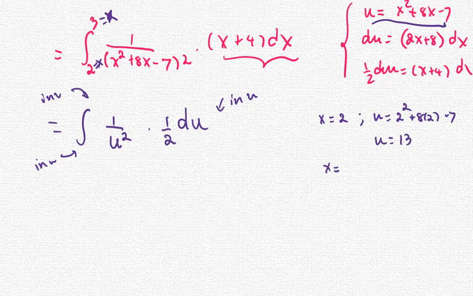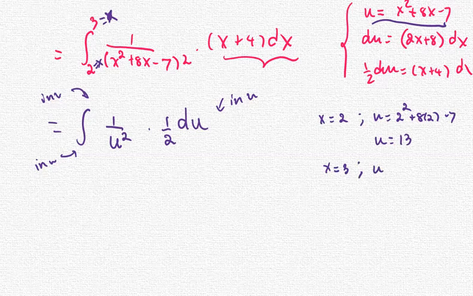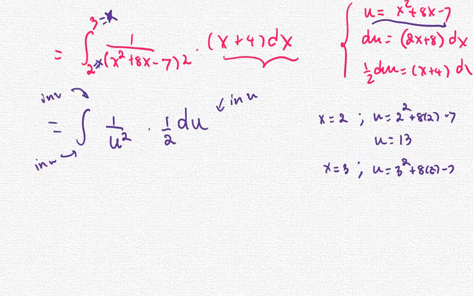For the upper limit, x equals 3, do the same thing. U equals 3 squared plus 8 multiplied by 3 minus 7, which is 9 plus 8 times 3, that's 24, and then minus 7, that gives us 26. U equals 26. So we replace the lower limit with 13 and the upper limit with 26.